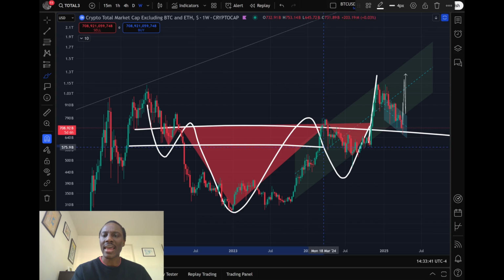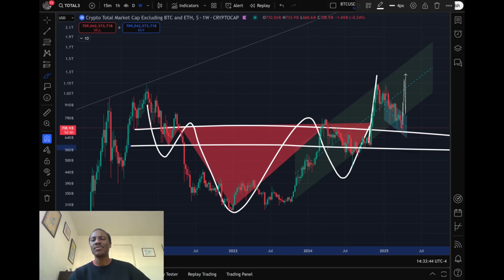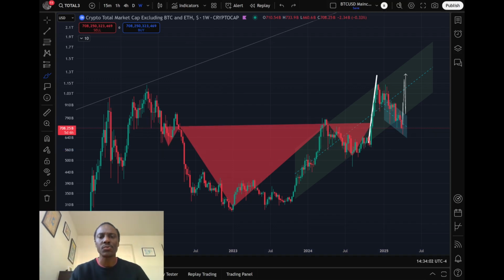And the neckline, again, technically speaking, can be represented or should be represented by a level, not a line. You're dealing with levels here, levels of price. So ideally, you would represent that with a rectangle and not necessarily a line, but for ease of discussion, we typically represent levels on charts with lines of support and lines of resistance, okay?